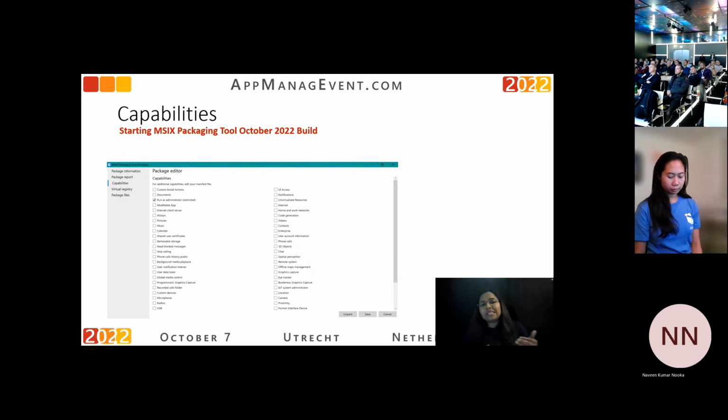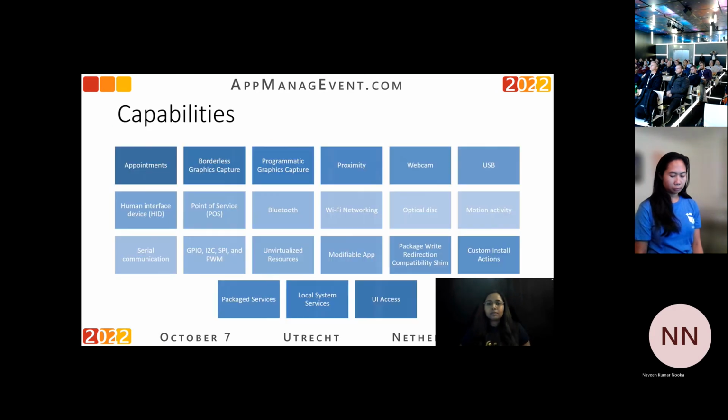The next feature of MSIX packaging tool I want to talk about is capabilities. Capabilities basically enable your application to utilize some extra facilities of the hardware or operating system or some APIs. So MSIX packaging tool already had about 39 capabilities listed. Now we have added about 21 more capabilities into the list.